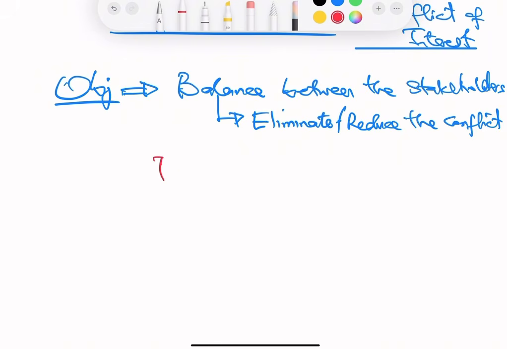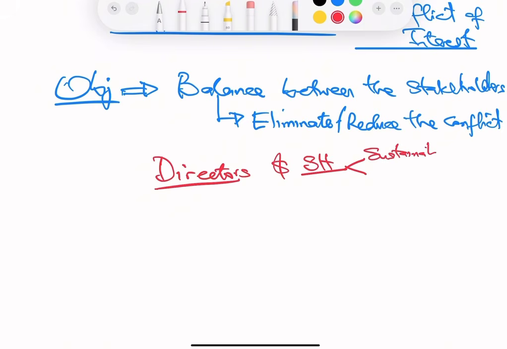Even look at the directors, which we're going to be spending more time on. Directors and shareholders. What do directors want? What do shareholders want? Shareholders want sustainability of the company. They want the company to last forever, and they want it to be profitable as long as it lasts, so that they can get dividend.